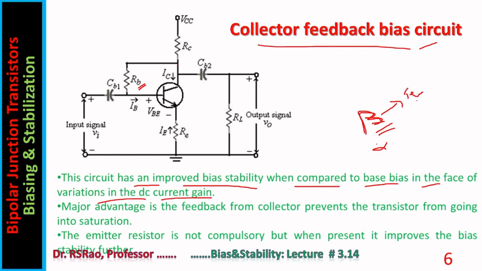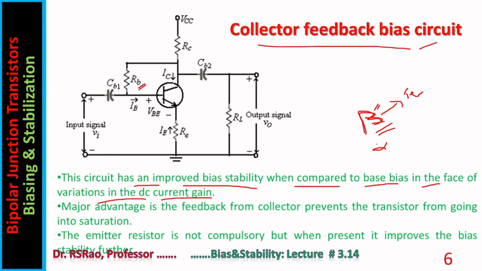When temperature varies, beta varies. When beta varies, current varies. What is beta? Current gain. Current gain is output current by input current. When beta varies, naturally, output current varies. When output current varies, bias point shifts or drifts.